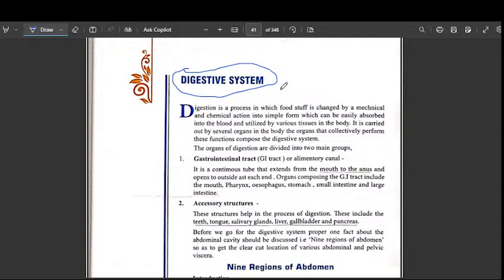So the gastrointestinal tract is composed of all the tract starting from the mouth up to the anus.